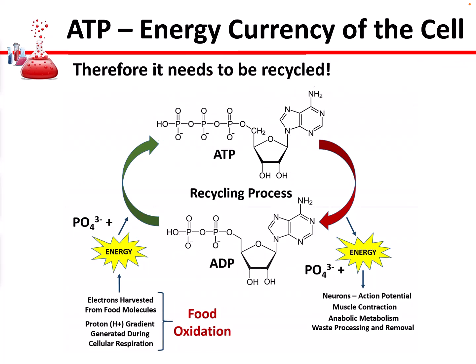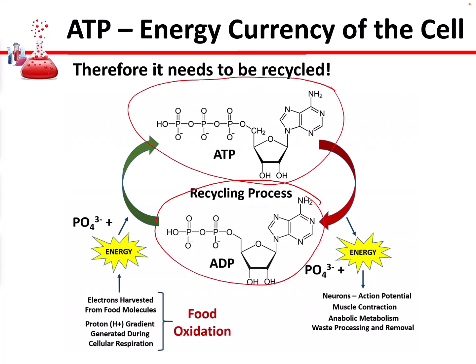So one key feature of our ATP is that it has to be recycled. We use our body weight normally in ATP every day, but only a small amount of ATP even exists within our body. So we keep needing to recycle it between the ADP and the ATP to provide enough energy to power our bodies during the day.